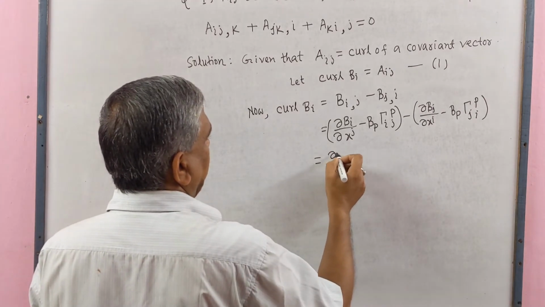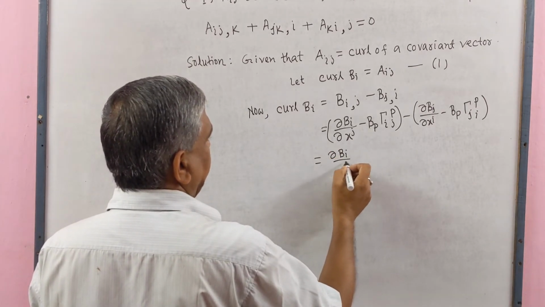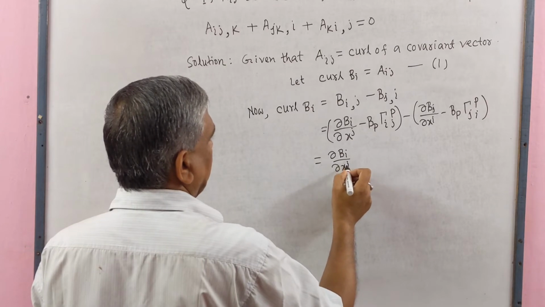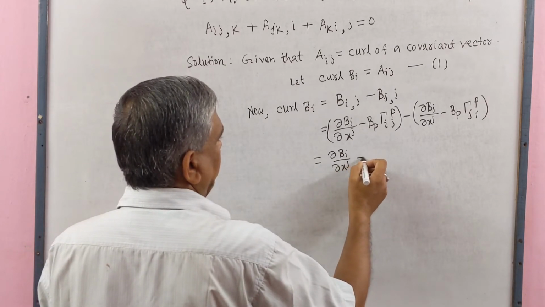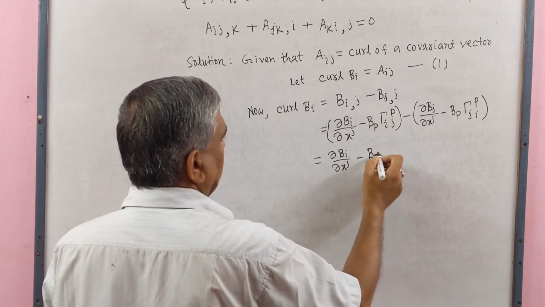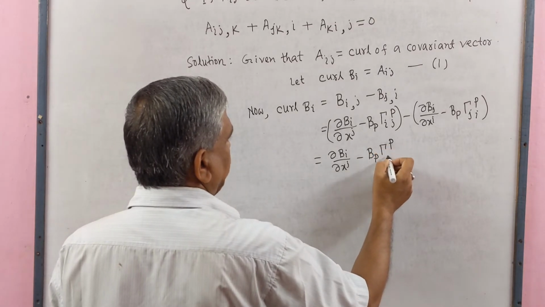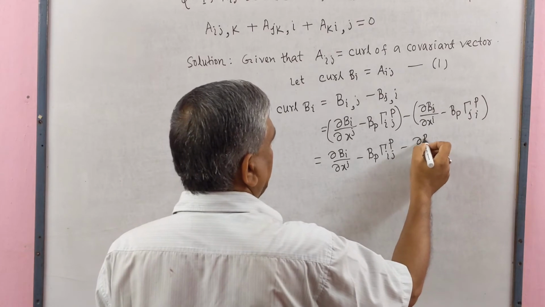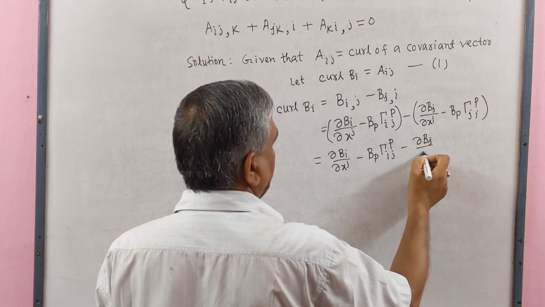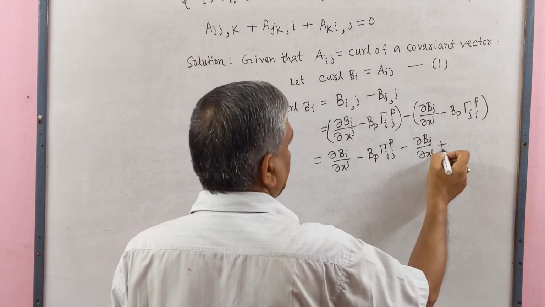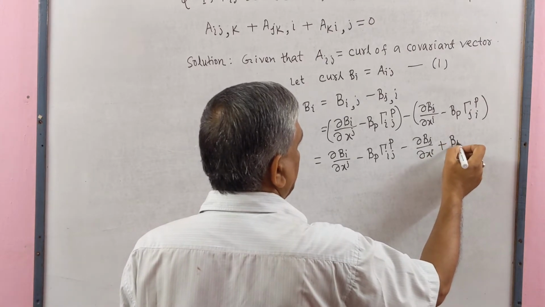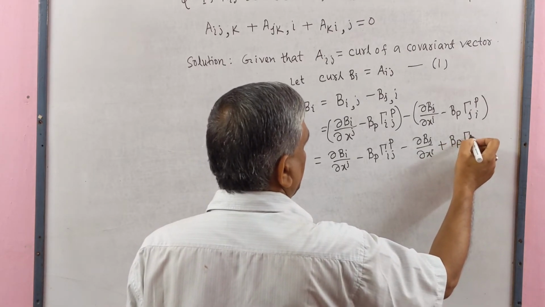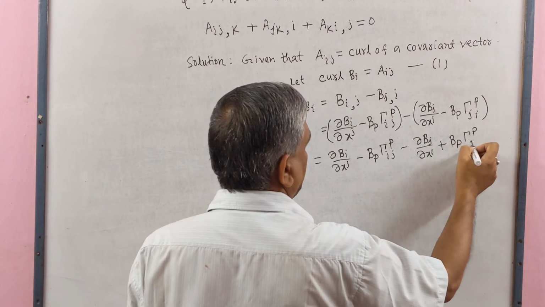Equal to ∂b_i/∂x_j minus b_p Christoffel symbol of the second kind, minus ∂b_j/∂x_i plus b_p Christoffel symbol of the second kind.